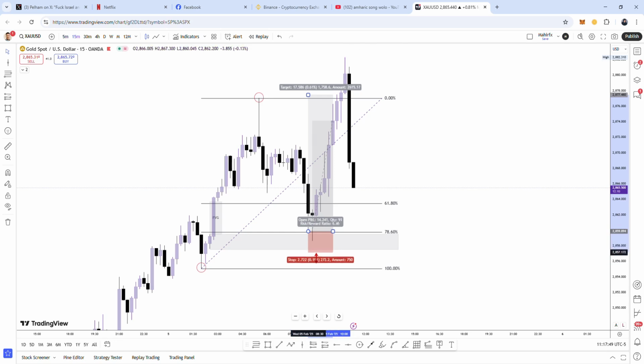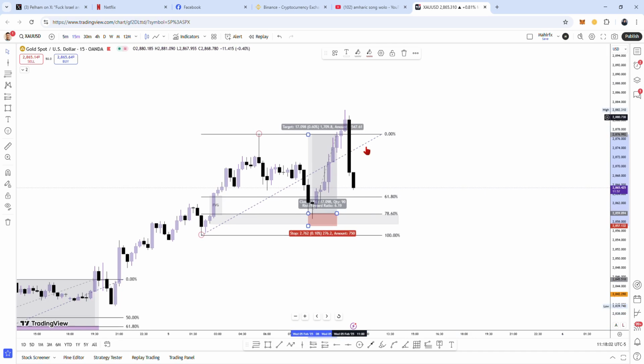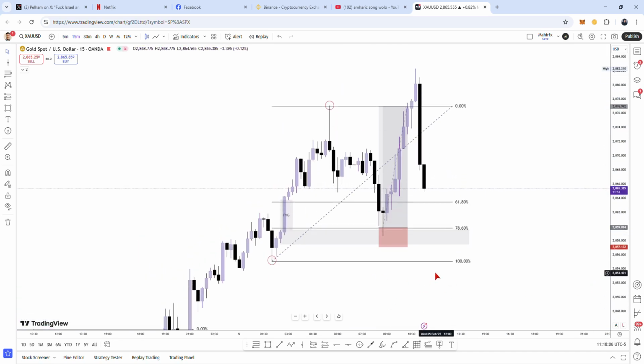So this must be a clear video for you. So let me show you others. So it hits the TP. As it hits TP, it is going to reverse in the other direction.